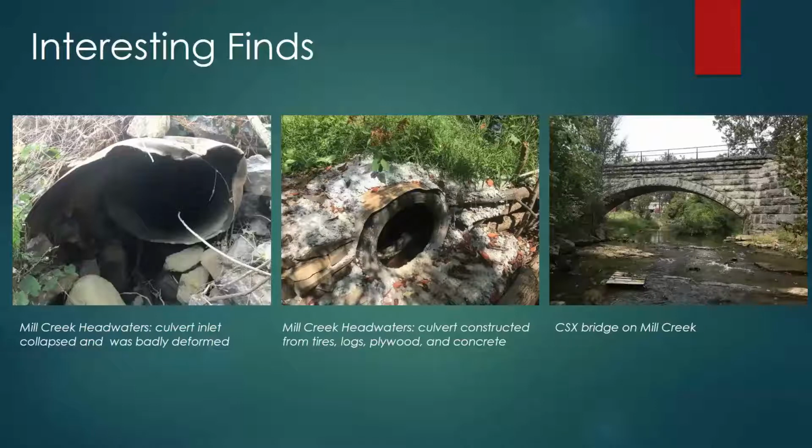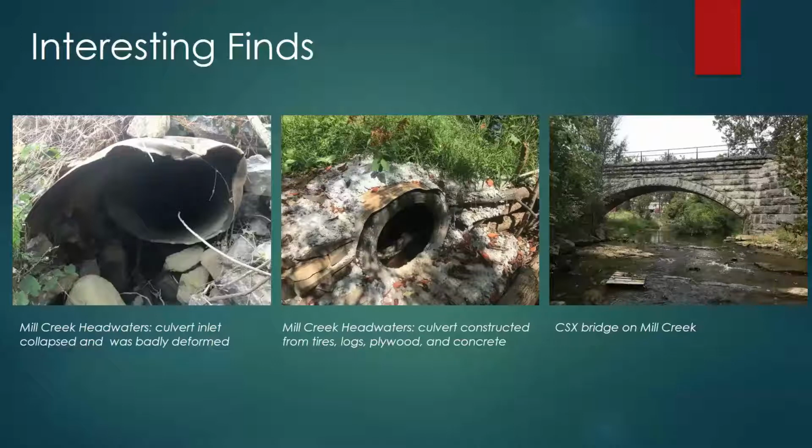Another interesting find on Mill Creek was a private land culvert we found in a field. Again, the stream's really running underneath this whole system. It's not running through these tires. It's just interesting that logs were used on the right side of the head wall, some rocks on the left side of the head wall, tires for the culvert itself with plywood and concrete there.